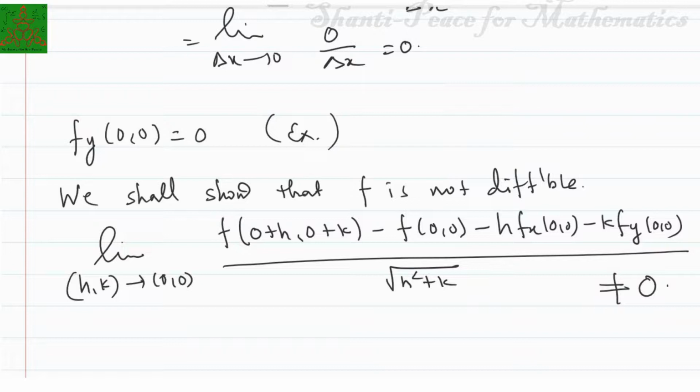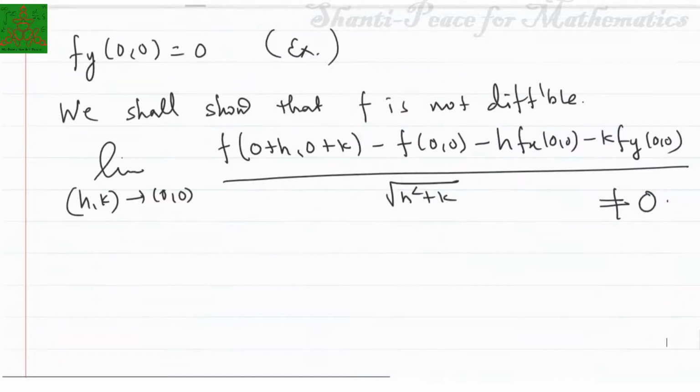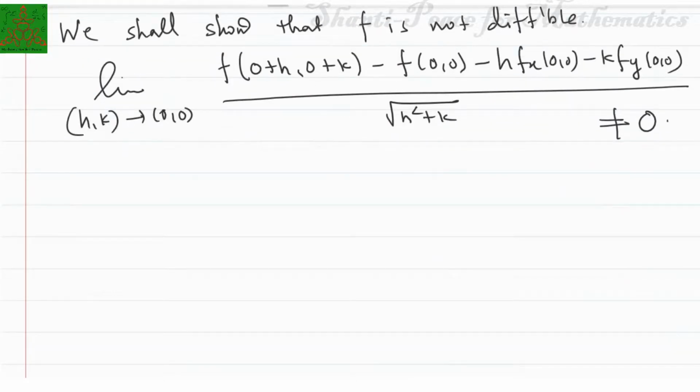If I prove this, then we are through. So for that, let us try to do that. Limit of (h,k) tends to (0,0).